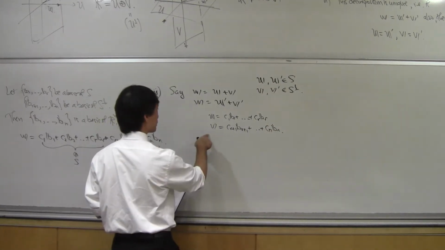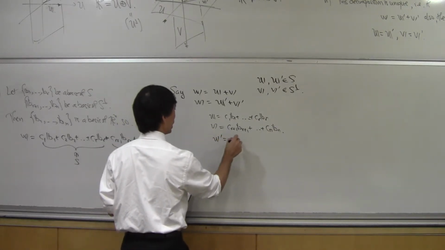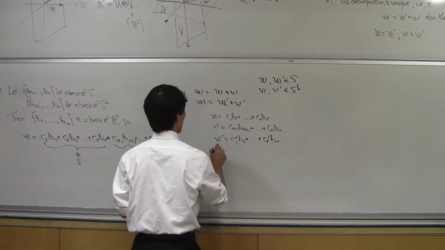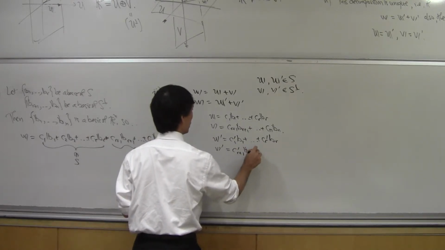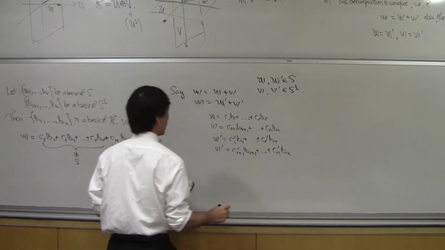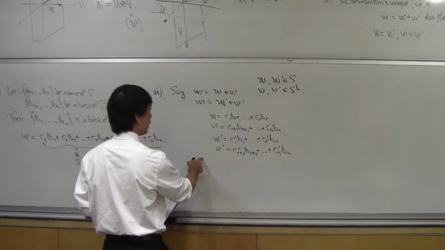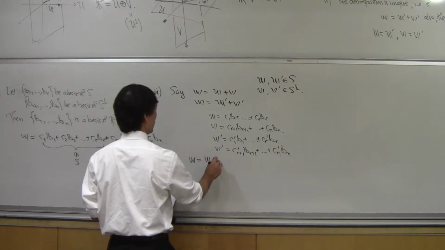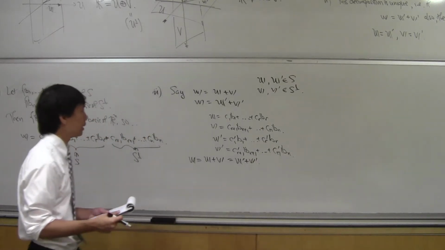And suppose that U prime is C1 prime B1 plus up to CR prime BR, and V prime is CR plus 1 prime BR plus 1 up to CN prime BN. Then we can subtract. W equals both of those things. It equals U plus V, but it also equals U prime plus V prime.